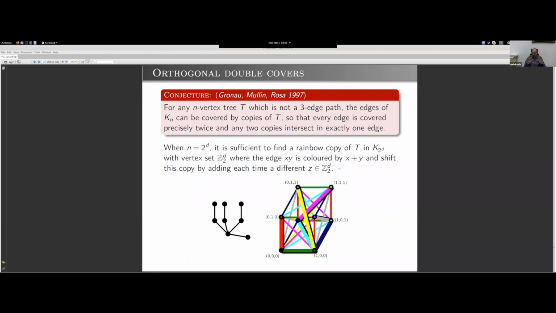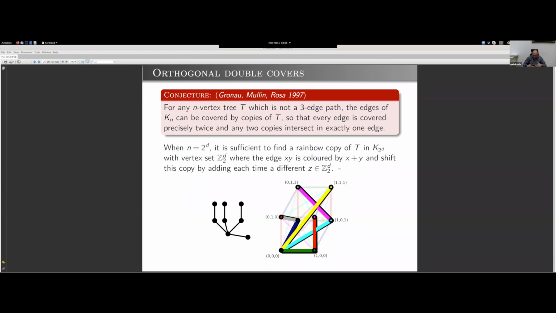So what you do, you take your tree, and to all vertices in this tree, you add this vector z, so it gives you a shift. For example, you do this, and then you shift it again, and you shift it again, and you shift it again. And obviously, since there are 8 vectors, you can shift it n times, and this should give you 8 copies of your tree.